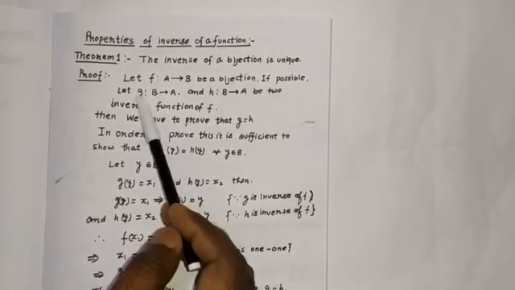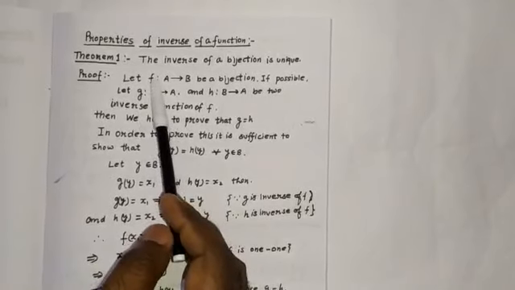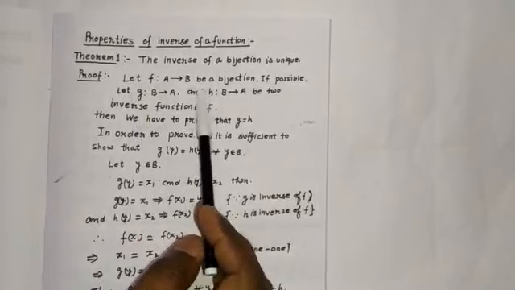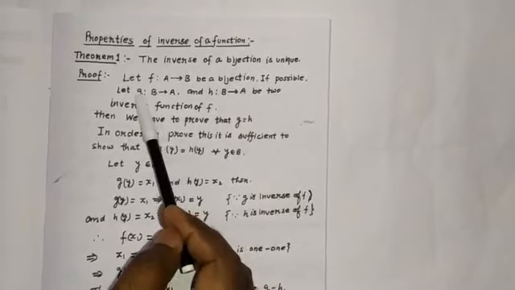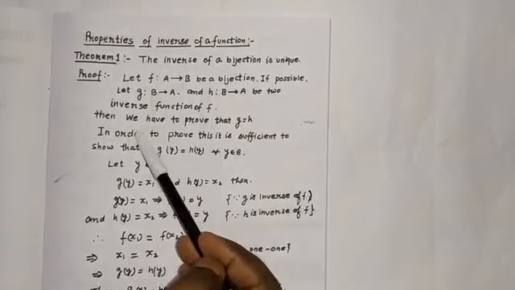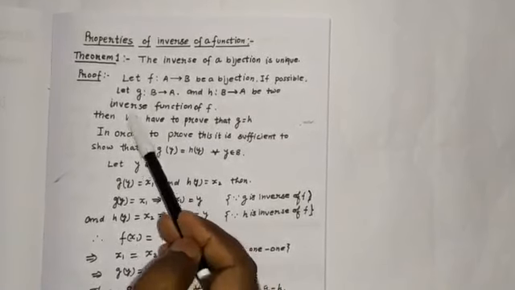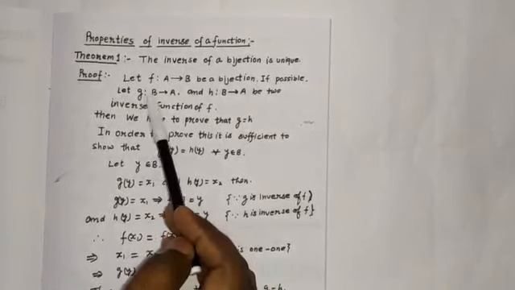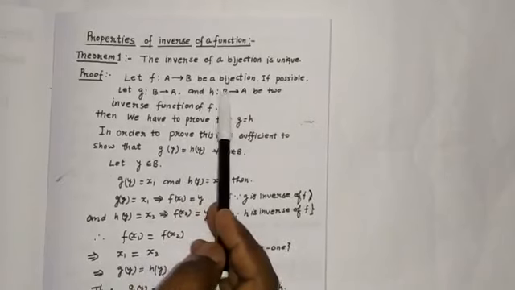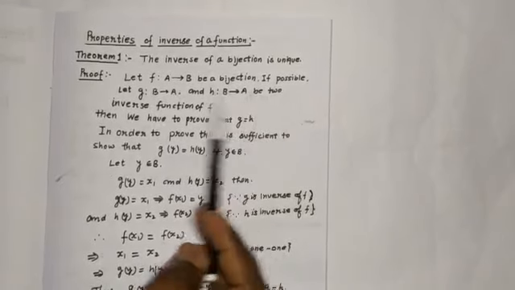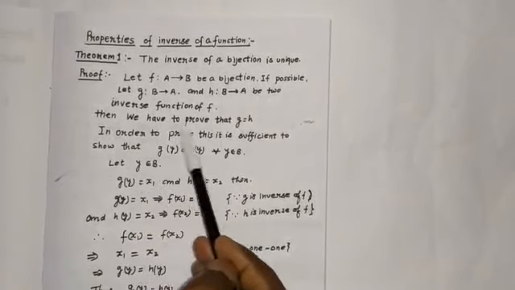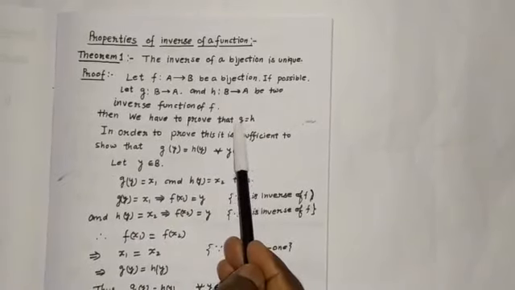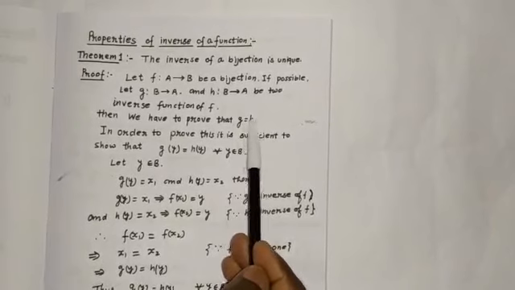First we consider that f has two inverse functions, and last we have to show g and h are both equal functions. Okay, now start. Let g map from B to A and h map from B to A be two inverse functions of f. Then we have to prove that the g function and h function are equal.